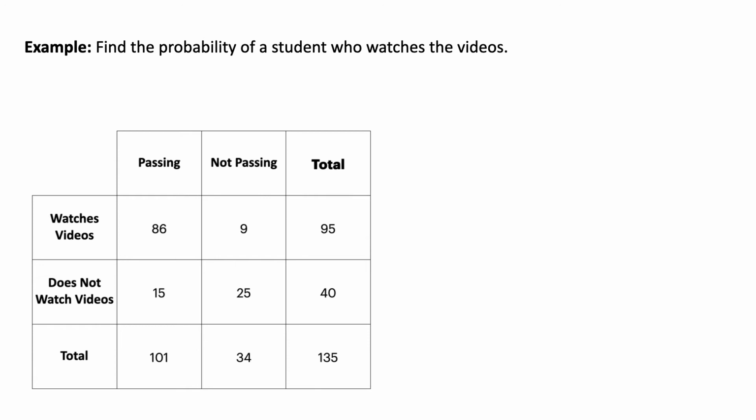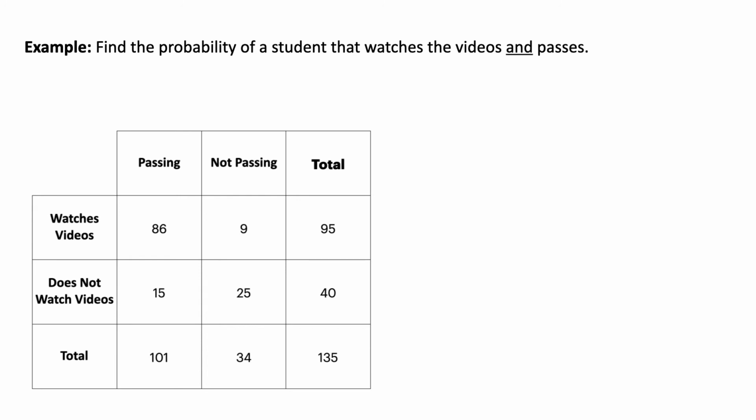Let's find the probability of a student who watches the videos. There's 95 of them, and there's 135 students for this sample. So that would be roughly 70%. 70% of the students are watching the videos.